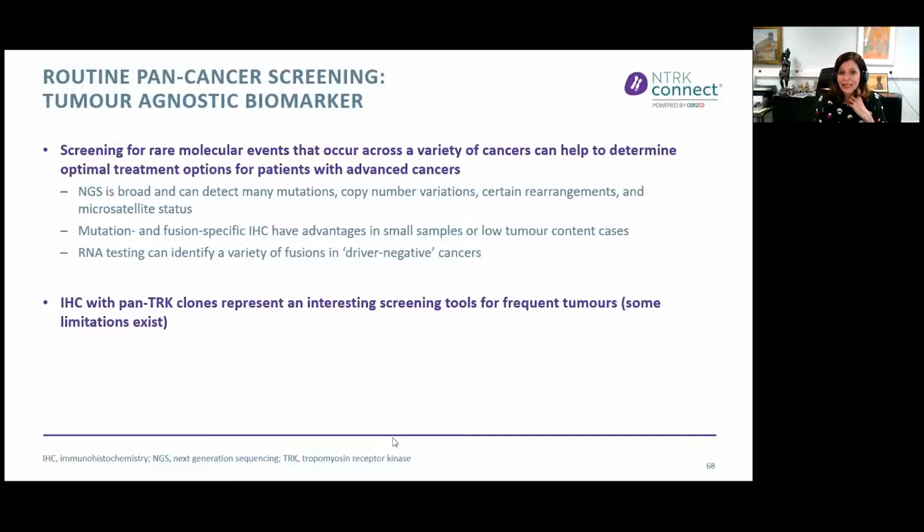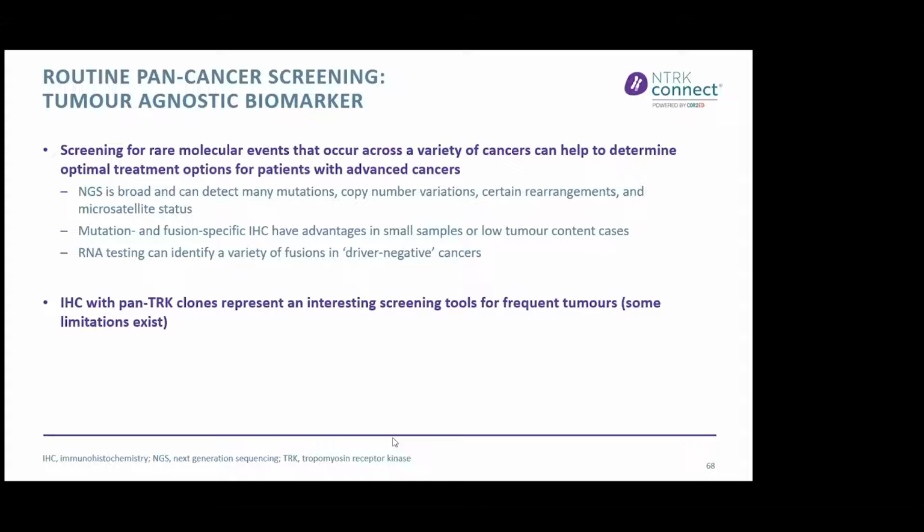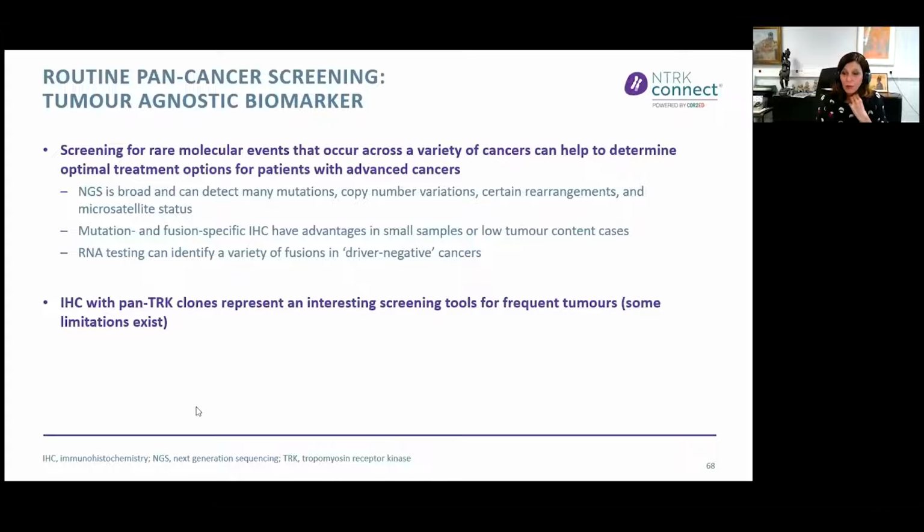And RNA testing can identify a variety of fusions in driver-negative cancer. And immunohistochemistry represents an interesting screening tool for frequent tumors, but some limitations exist. And also immunohistochemistry for pan-TRK is extremely sensitive to fixation. Thank you.